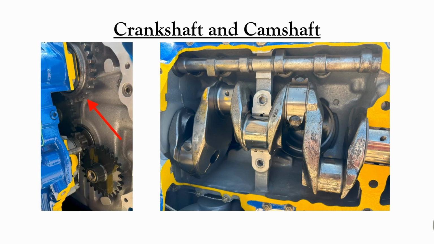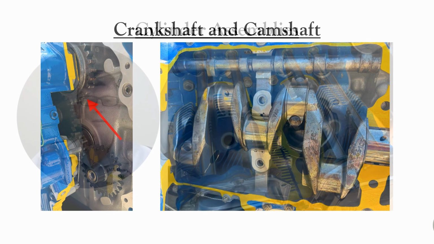The camshaft is driven by the crankshaft via gears at one end of the engine, as shown on the left. Since the valves open once for every 2 rotations of the crankshaft, the camshaft rotates at half the speed of the crankshaft.